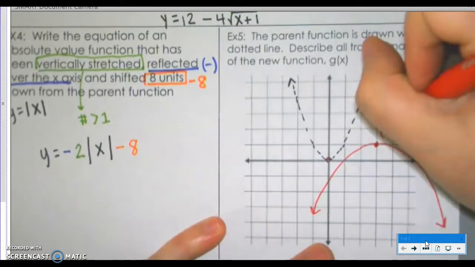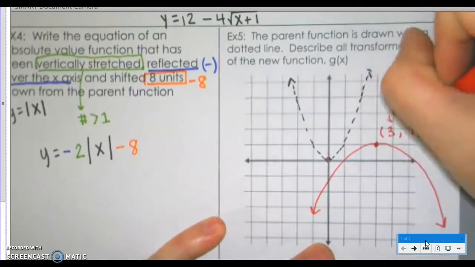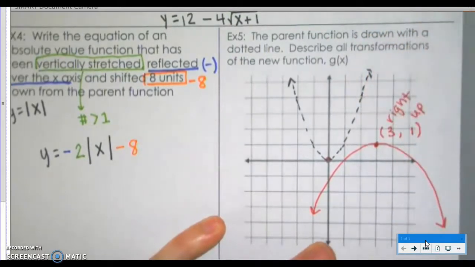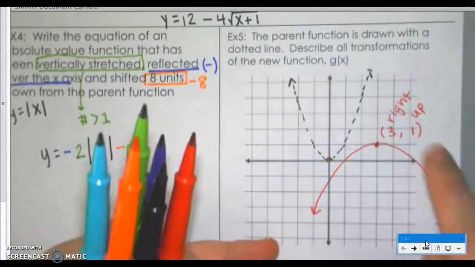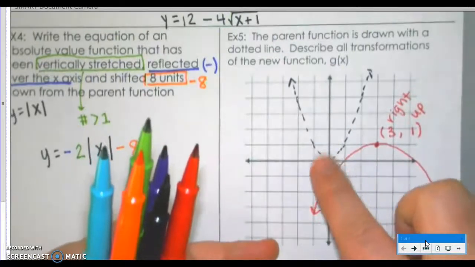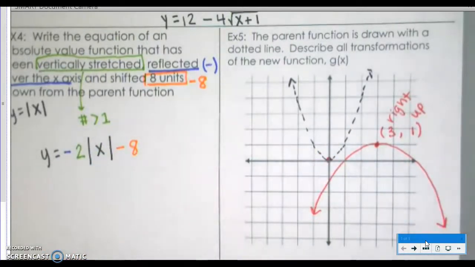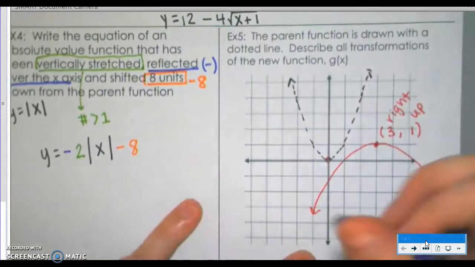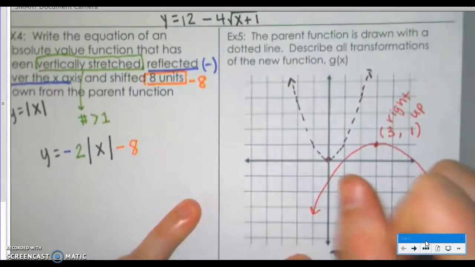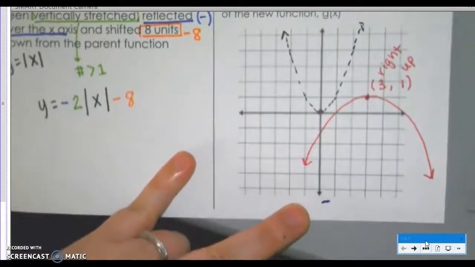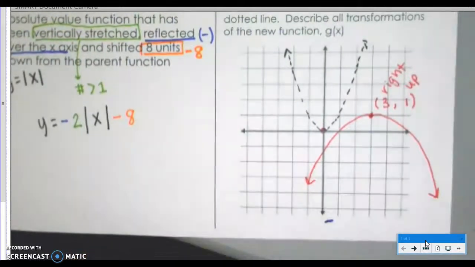So I know this got shifted right 3 and up 1. I can also see from the graph that it's been reflected, and this should appear much wider than the original. I purposely did that. All right, so reflection means I know I'm going to need a negative. It got reflected over the x-axis.